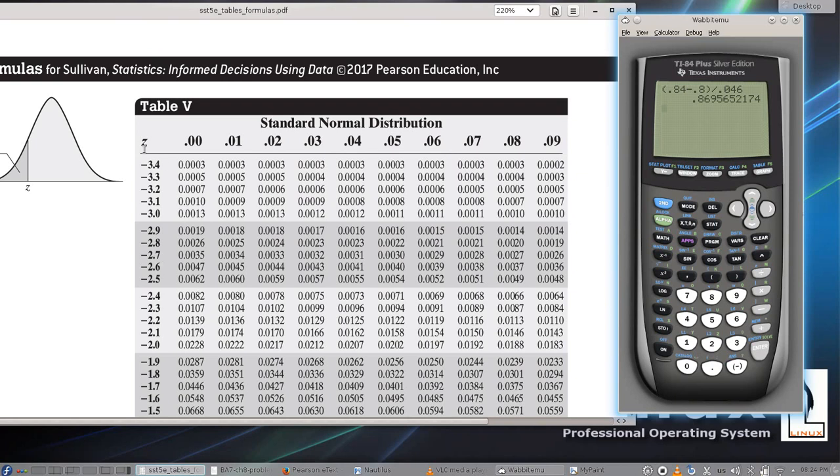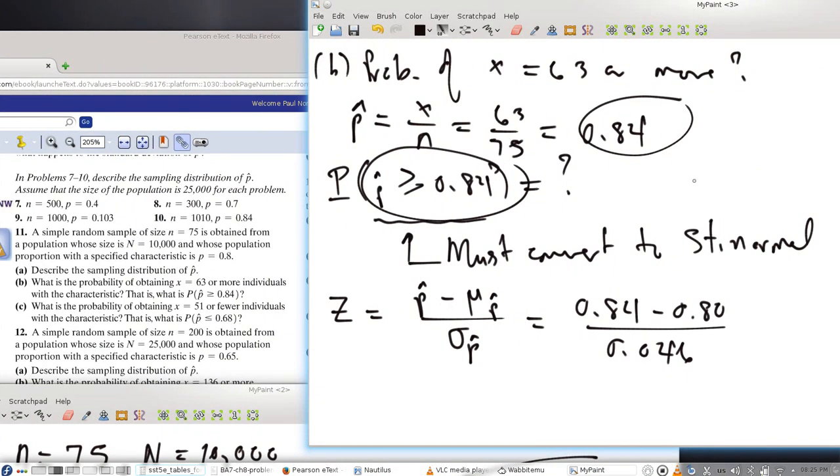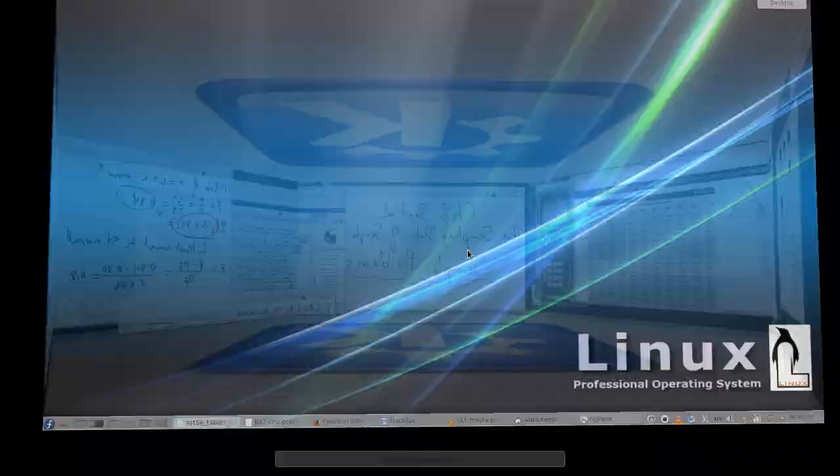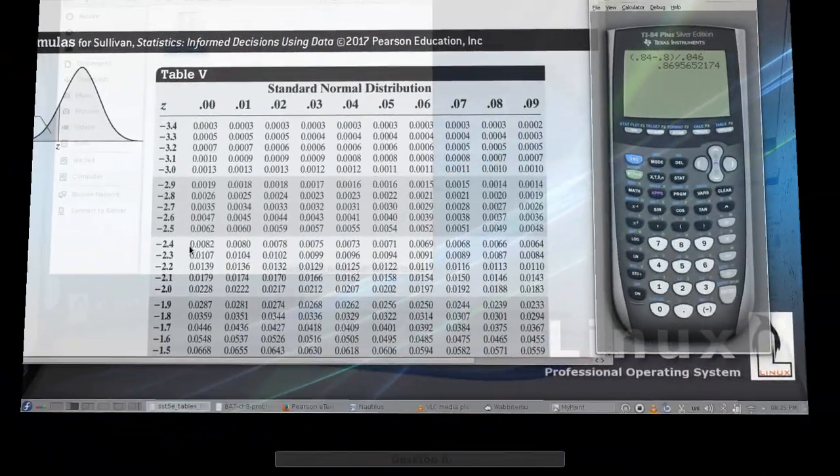For example, let's take a look at this one right here. That's a negative 3.4, but over here is going to be a negative 0.340, a negative 0.341, and so on. So only 2 significant figures. That's what we need to keep. So here it's 0.87.